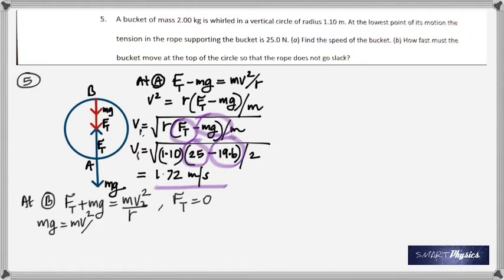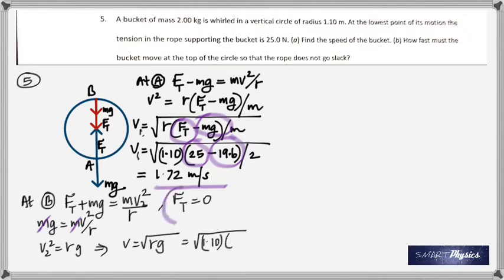So we set it equal to the boundary condition. Tension is zero, and therefore from that equation you can find a velocity. It's 3.28 meter per second.